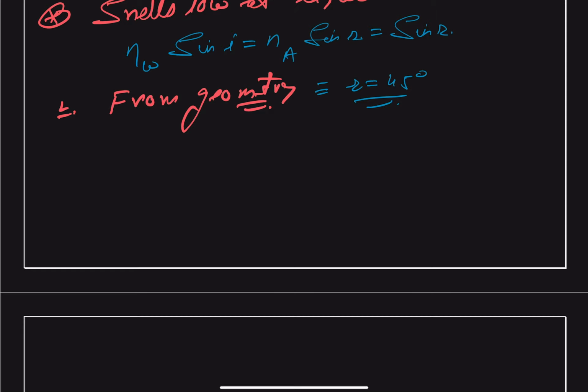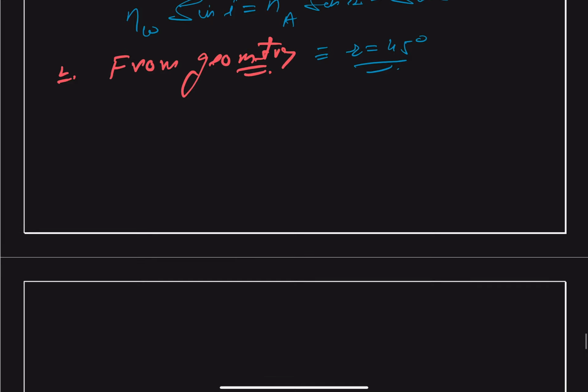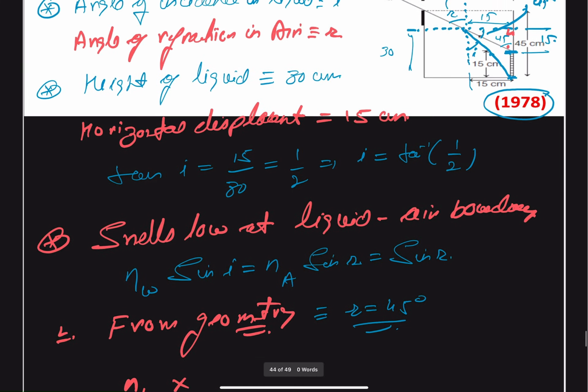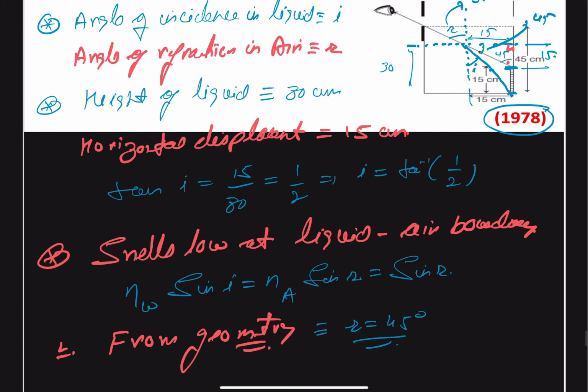So we have to find out the refractive index of water. We get refractive index of water into sine of the incident angle. We have to find it, we don't know it.